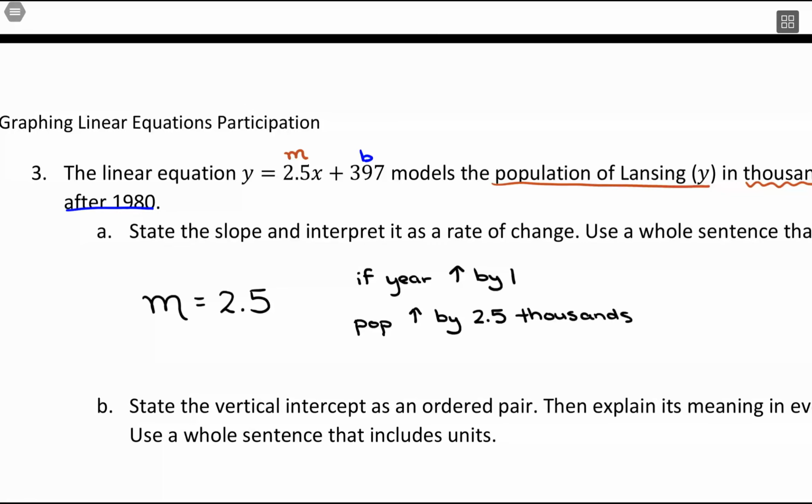So this note here, you do not need to write this. It just helps me organize my sentence, moving from all of this mathematical notation and how do I relate it in words. So what this is telling me is each increase in year by 1, the population will increase by 2.5 thousand.